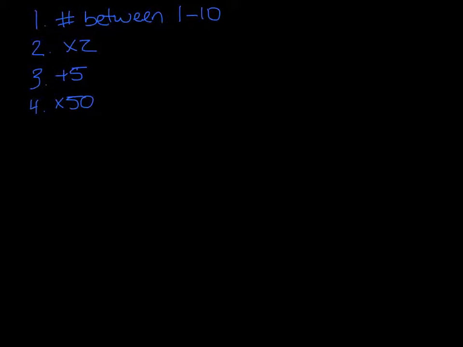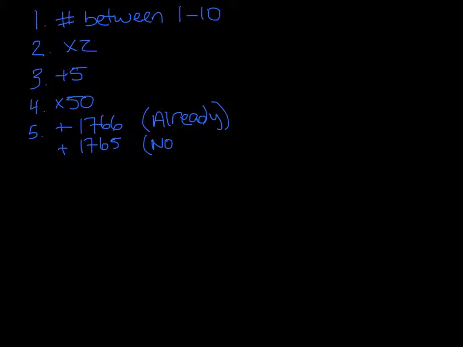After we do all that, we need to add 1766 if you have already had your birthday, or add 1765 if you haven't had it yet. Then our last step is to subtract the year born.